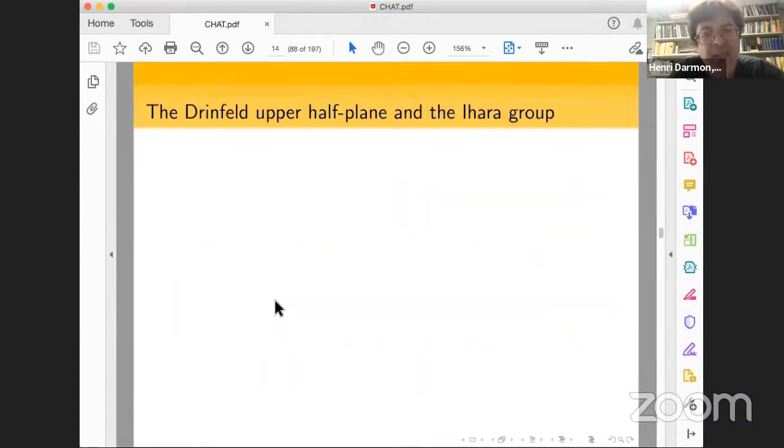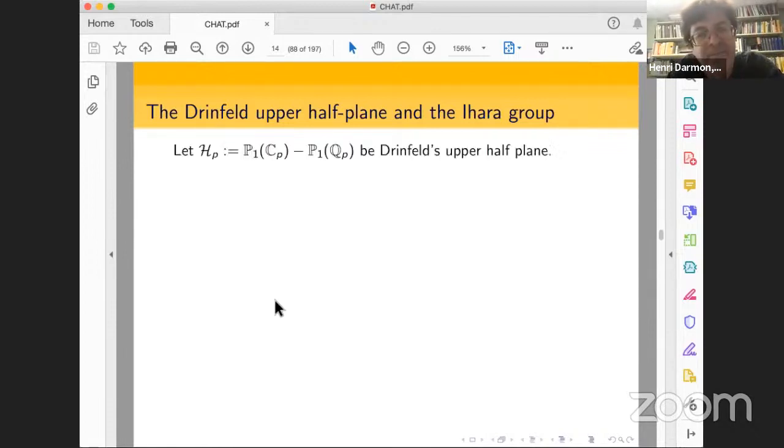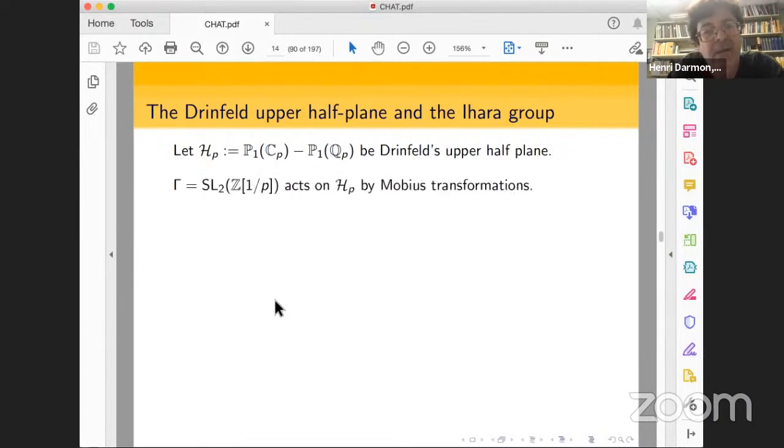And so I'll present the simplest prototypical example of these conjectures, which involves a p-adic symmetric space known as the Drinfeld upper half plane, which is the complement of the projective line over Q_p inside the projective line over C_p. And there's a group gamma, which is the group of 2x2 matrices with entries in Z[1/p] with determinant 1.